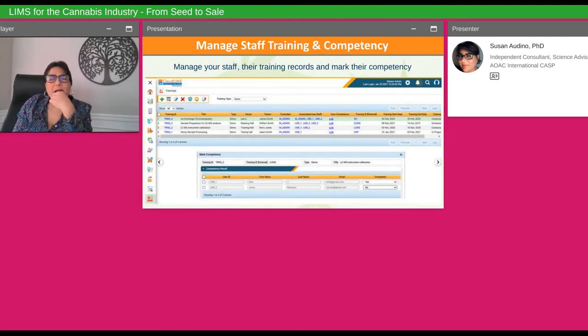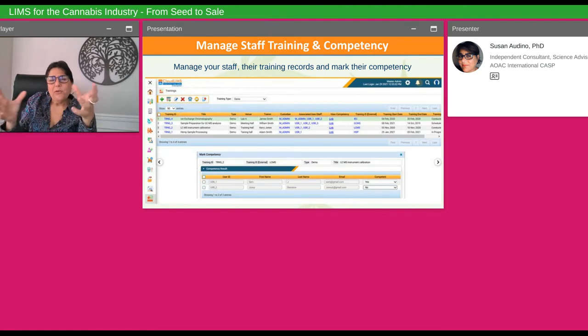Staff training and competency. As I mentioned, training is a really huge feature in 17025. And I don't know about most laboratories or your laboratory, but many laboratories are undergoing a rapid turnover in staffing. So there are a lot of people coming in, a lot of people going out, and also laboratories are growing.